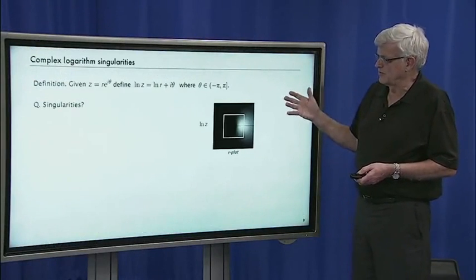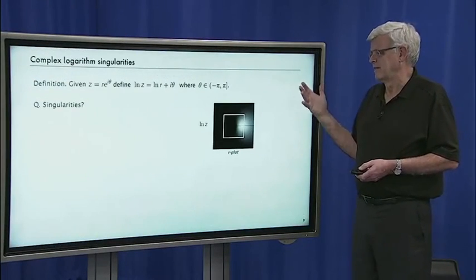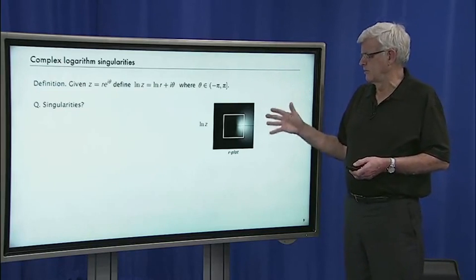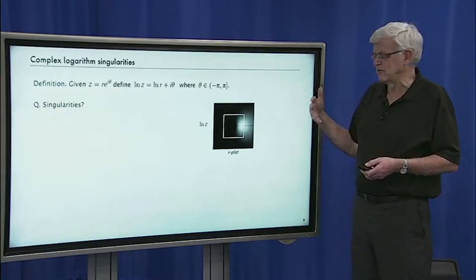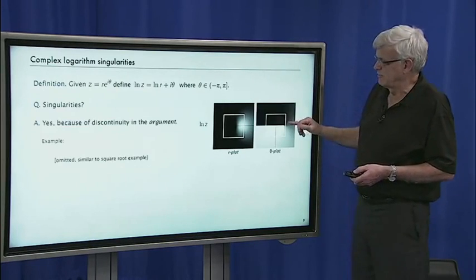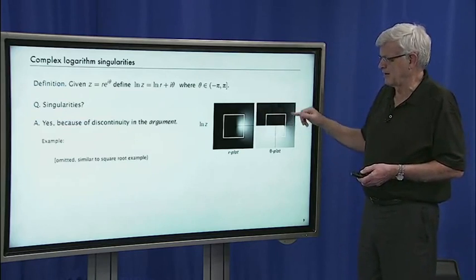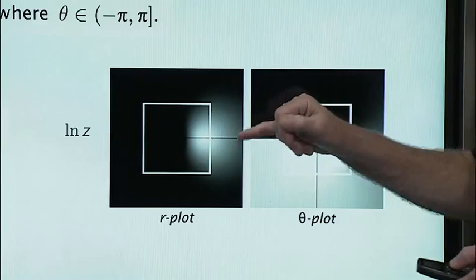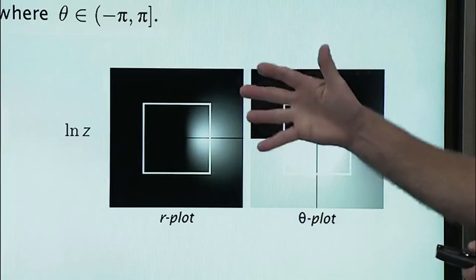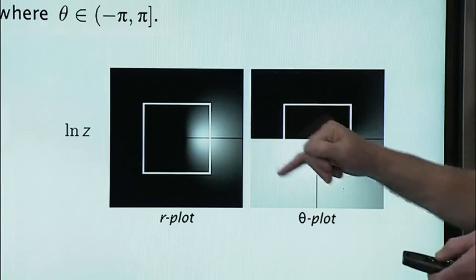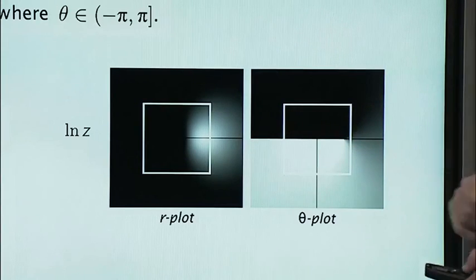But again, in the present context, the question is, what about singularities? And again, if you plot the magnitude, it looks pretty smooth like other things that we've seen. But if you do the angle, the plot of the argument, you get the same kind of problem. And I'll skip that argument because it's very similar to the square root example. There's a discontinuity on the negative real line, actually starting at 1.